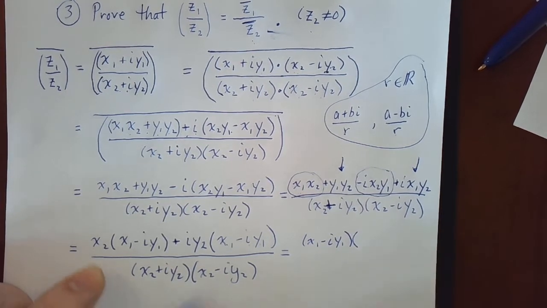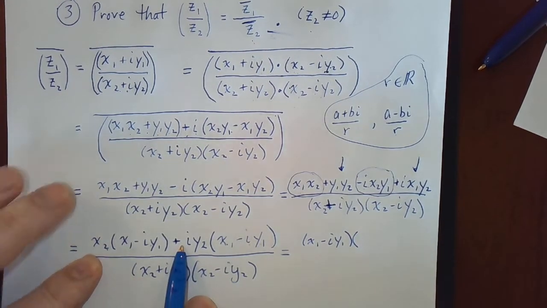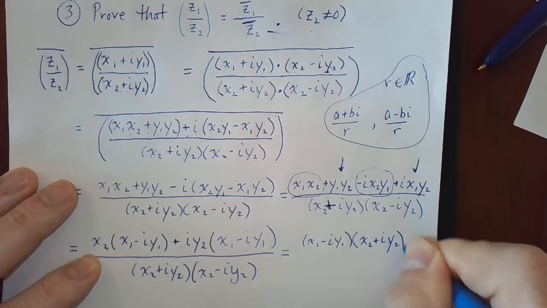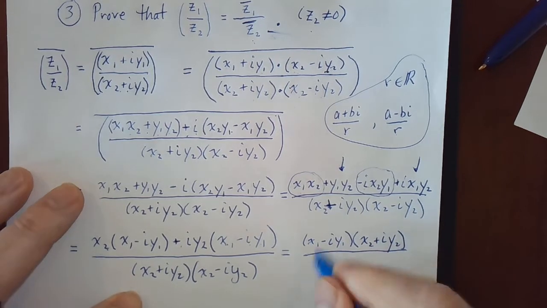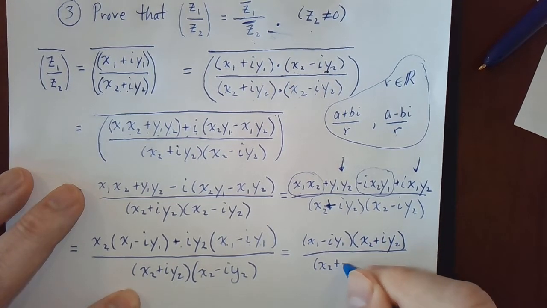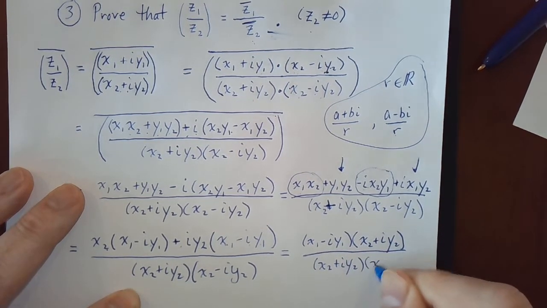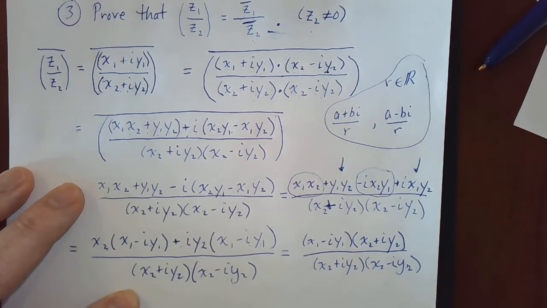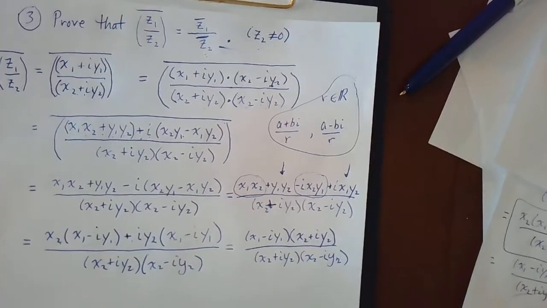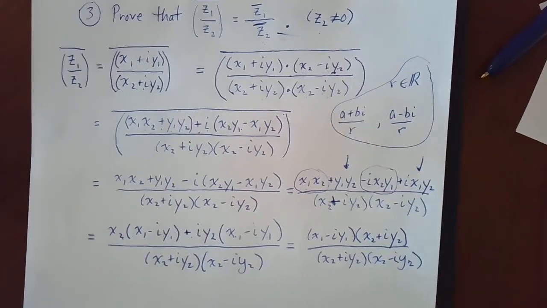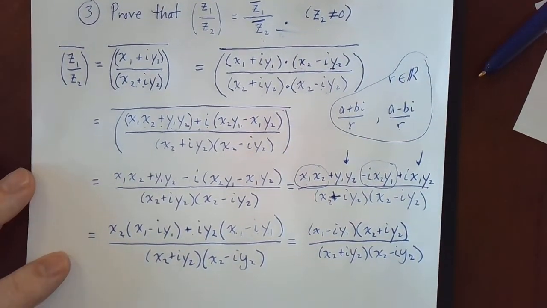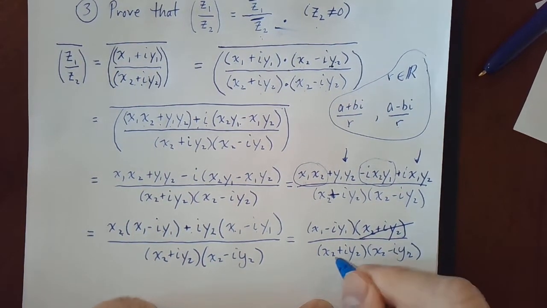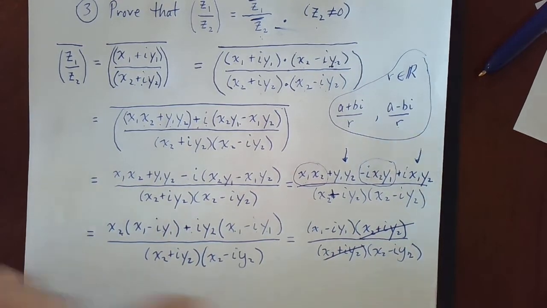And what are we left with? x2 plus i y2, over the same denominator, x2 plus i y2 times x2 minus i y2. Which can be simplified very easily. We have x2 plus i y2 upstairs and downstairs, so it cancels.